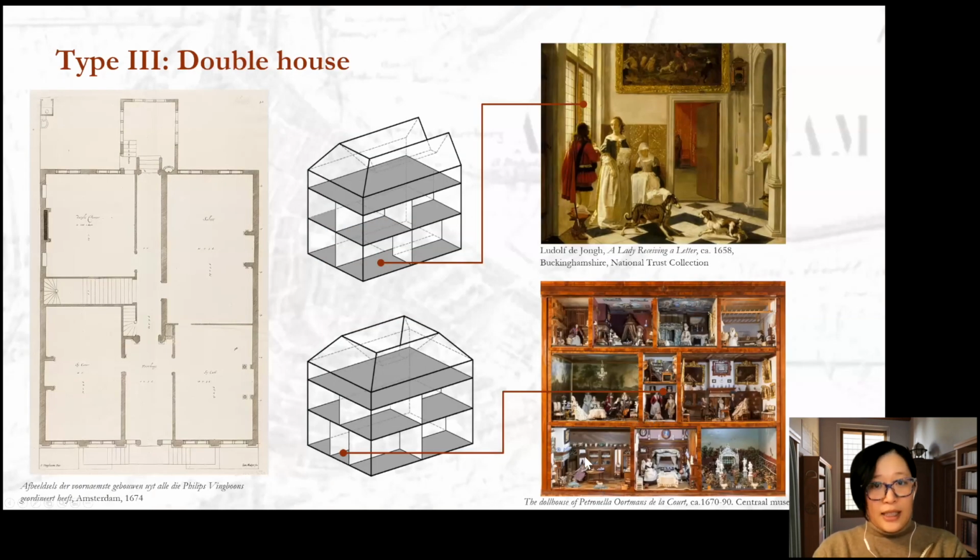And finally, there were the double houses that occupied two or more parcels of land and were double the size of the ordinary residences that I showed before. These houses were low in numbers, but had attracted the most scholarly attention.